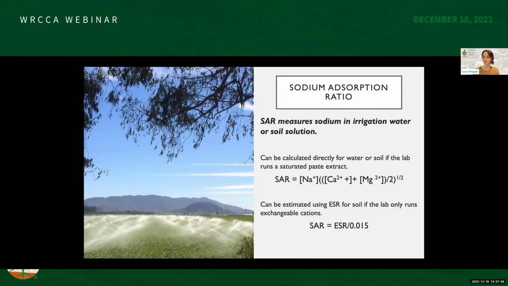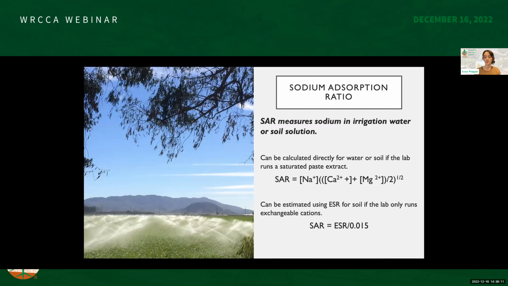So the sodium adsorption ratio is a water measurement, and this is the calculation for it. And just so that you have it, if you have the SAR but not the ESP, you can do the calculation from the previous slide backwards to get that number that you want.